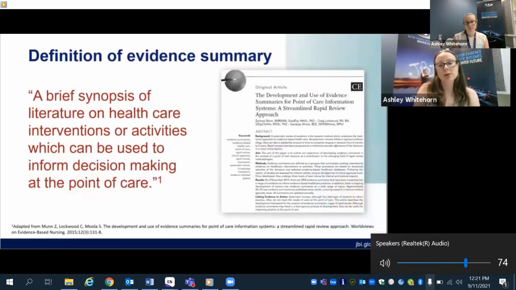We used an adapted version of the definition of an evidence summary from Munn and colleagues, and therefore in this scoping review, an evidence summary was defined as a brief synopsis of literature on healthcare interventions or activities, which can be used to inform decision making at the point of care.